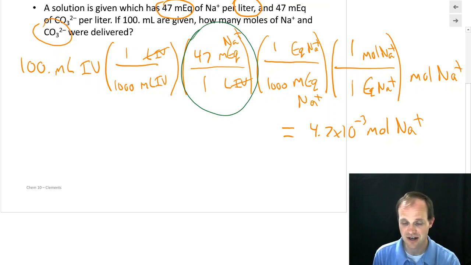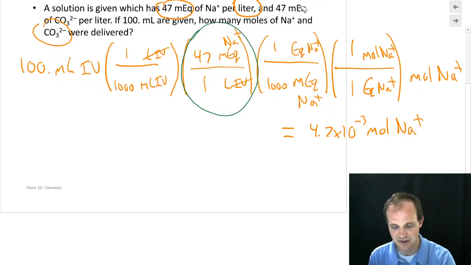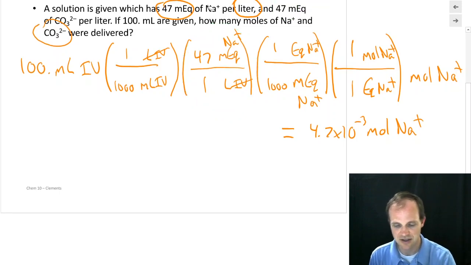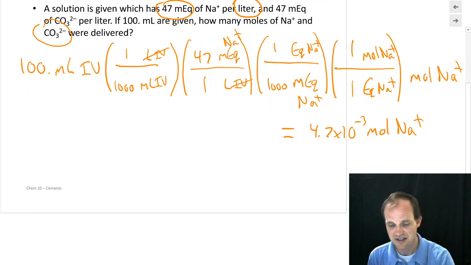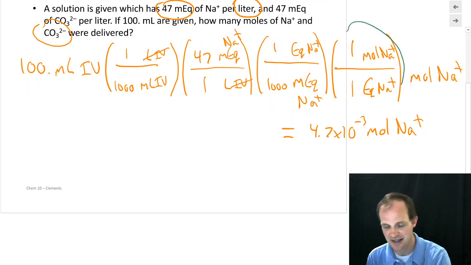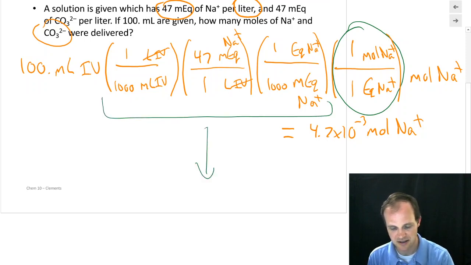But luckily for us, the concentration of my carbonate is the same as the concentration of my sodium. And so that's not going to change. Is this one going to change much? The answer is no. So the only one that's going to change is this last one. So all three of these are going to be the same. And we just need to change this last conversion.